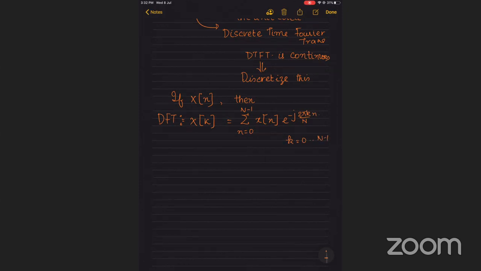This is a very simple way of looking at the discrete Fourier transform. I had a continuous Fourier transform for a continuous time signal. If I discretize the time domain signal, I get a discrete time Fourier transform, which is continuous. Now I sample the discrete time Fourier transform to get the discrete Fourier transform. So this is basically my DFT.